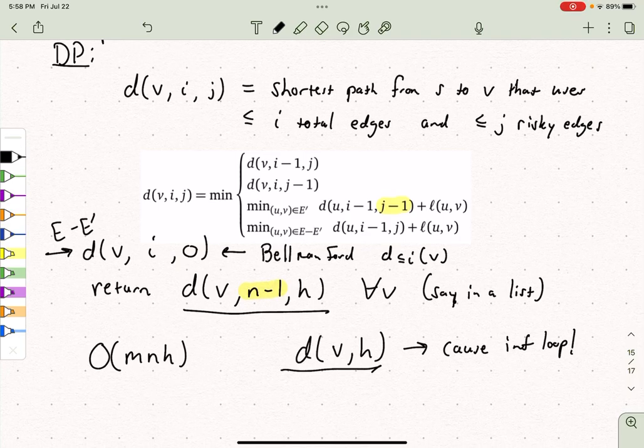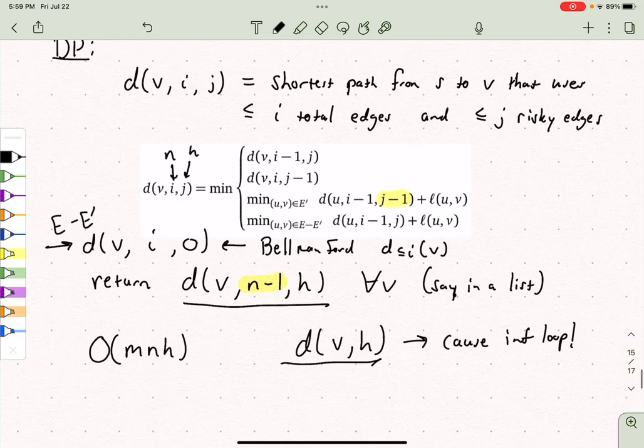Now, what's the running time? Well, i can be anything up to the size of V, which is n. j can be anything up to h. And then the rest of it is just the standard DAG dynamic programming. So v can take n values, and we look at all possible in-edges, so it'll be O of n plus m.